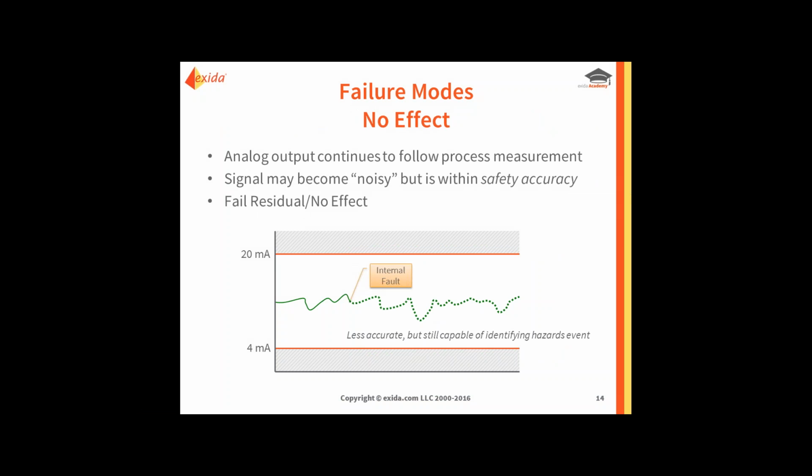But as long as it's within the safety accuracy of the transmitter, the transmitter can still indicate, hey, that process value goes up, and it can still follow, and it can still result in a trip in case of a high trip. We classify those failures as residual or no effect failures. They basically have no impact on the transmitter's capability to perform the safety function. The signal is just not a nice line anymore. It's choppy.